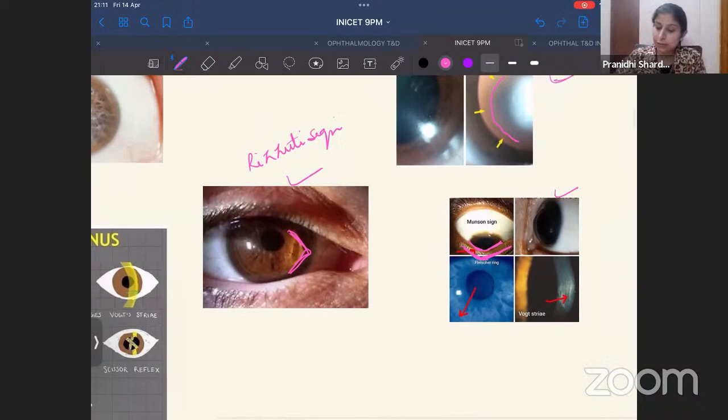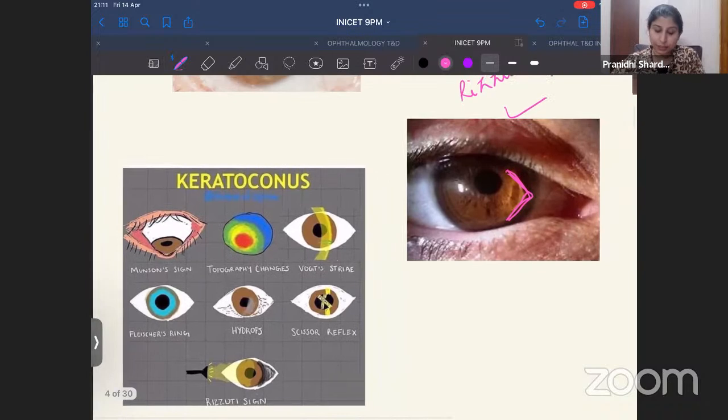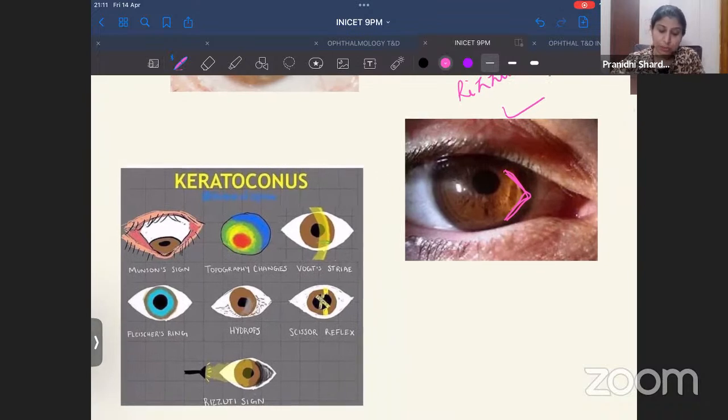Okay, in this keratoconus image, this is the Fleischer ring, and this is the Vogt stria. These are the vertical striae seen in keratoconus. Here is a pictorial diagram of the keratoconus changes: Munson sign, and topographic signs that we can see in keratoconus. These are the Vogt striae.